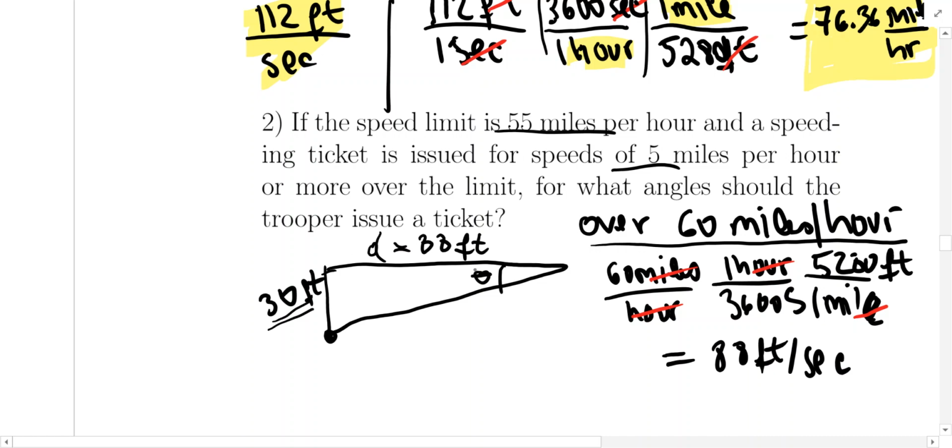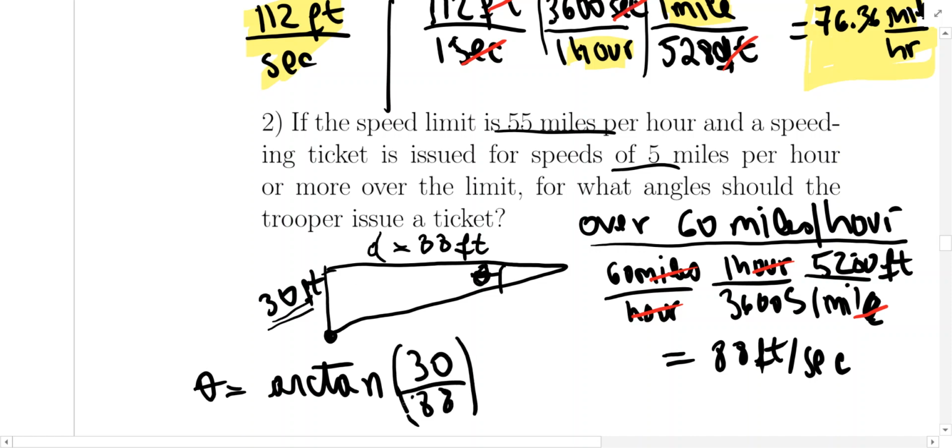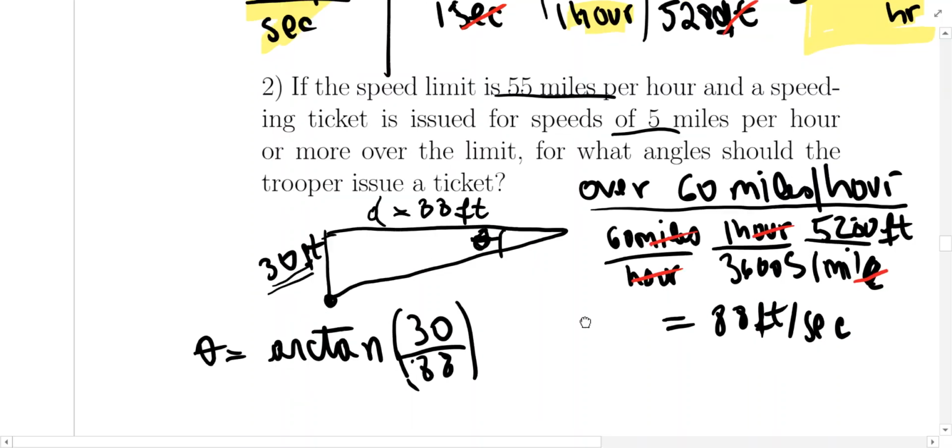Okay, so now I can find this angle theta. So I'm gonna do arctan of opposite 30 over 88. Okay, so now let's see what this angle is.